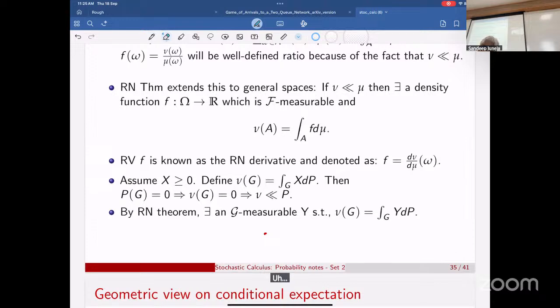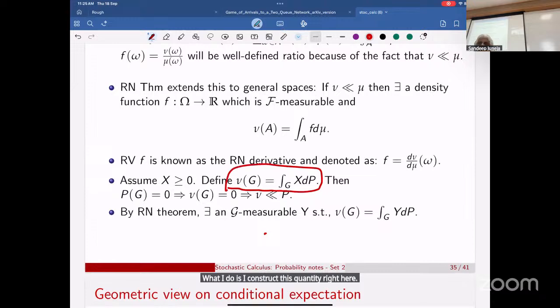What I have is a random variable X, which is defined on a bigger sigma algebra F. What I do is I construct this quantity right here, and I define this for all sets G in my sigma algebra calligraphic G. X times the indicator of G is a well-defined random variable.